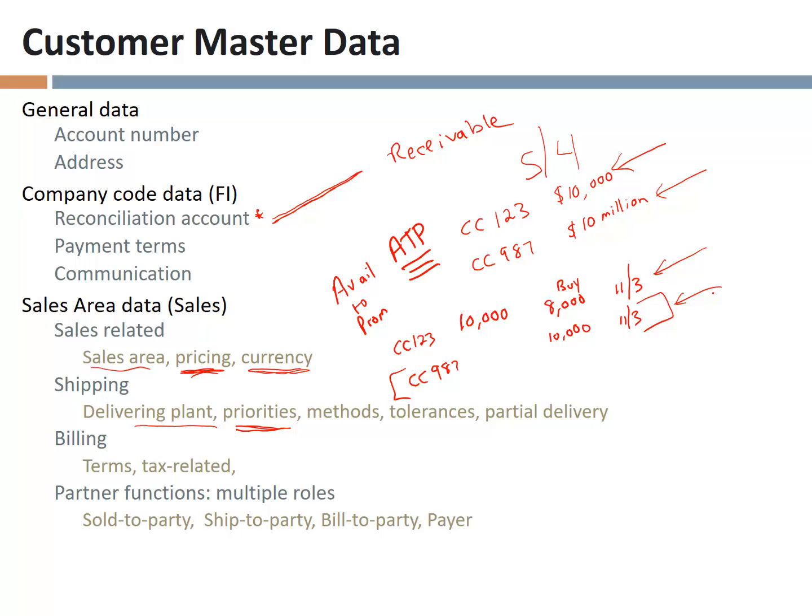Now, you might say, well, that doesn't seem fair. And sure, in terms of fairness, it's not fair, which rubs a lot of people the wrong way. But who would you rather tick off? Your $10,000 a year company customer or your $10 million a year? So we have the ability here to think in terms of prioritizing customers.